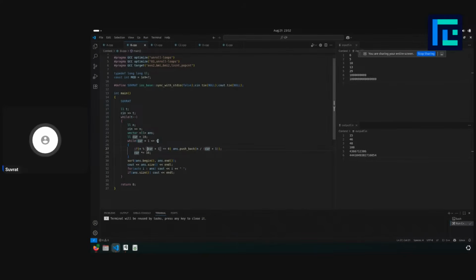So while this is less than equal to n, if n percentage cur plus 1 is 0, then I push back this possible value of x, and since we need to give answer in ascending order, I just sort, and then I output the vector.